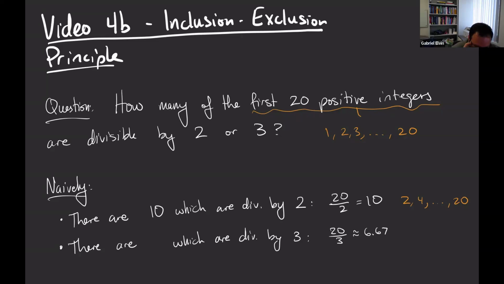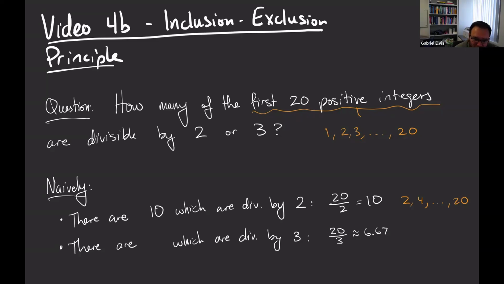Well, the way you can think about it is, what's the last whole number that is divisible by 3? It's 18. The next one would be 21, but that's outside of our domain.